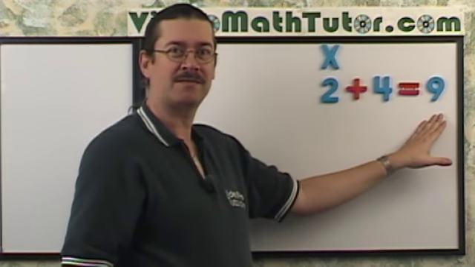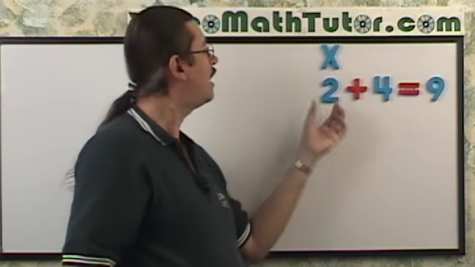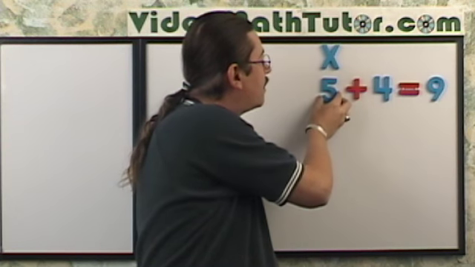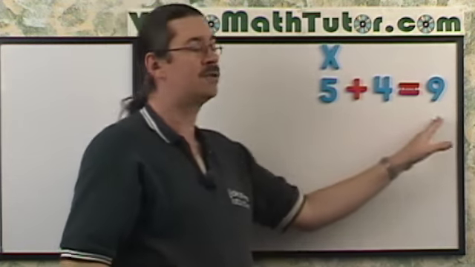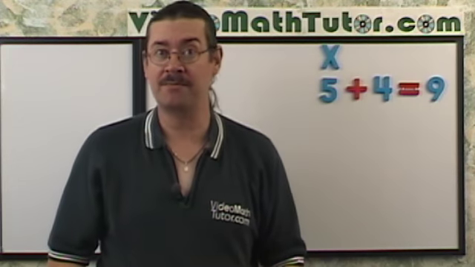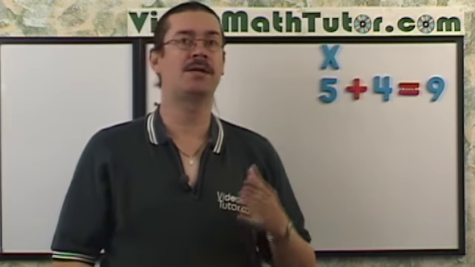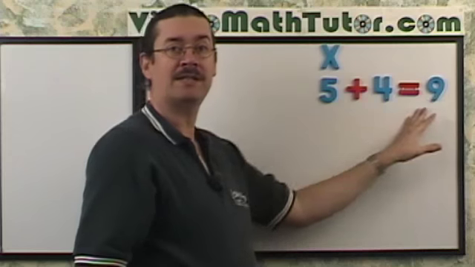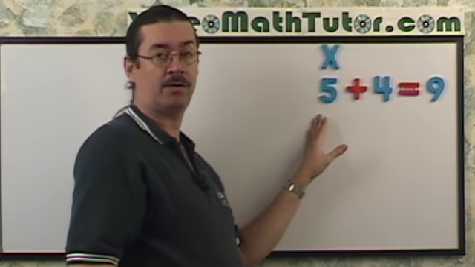Is that true or false? Well, it's false. So now let's change that to 5. So if x equals 5, 5 plus 4 equals 9. Is that true or false? It's true. So sometimes an equation is true, false, or neither until you assign a value or you can find a value for the variable.